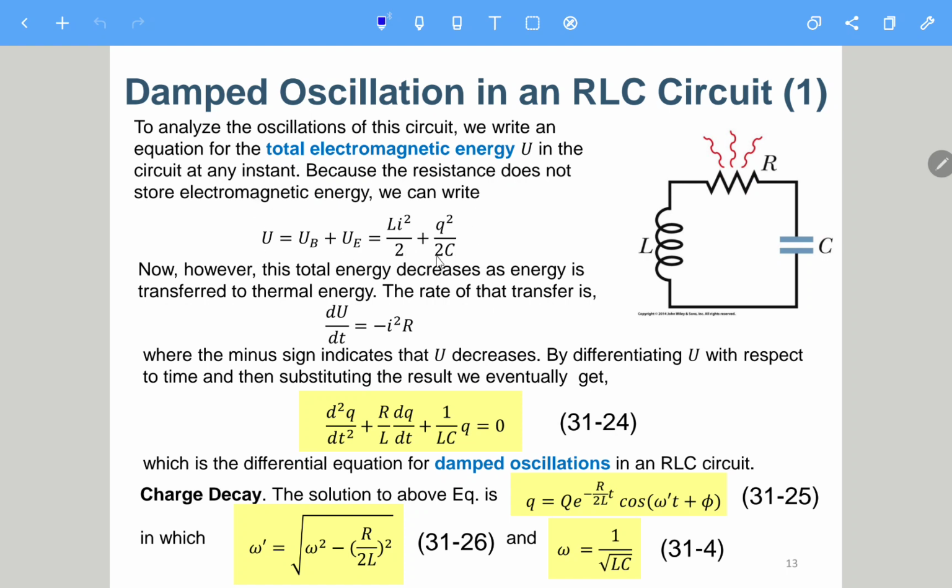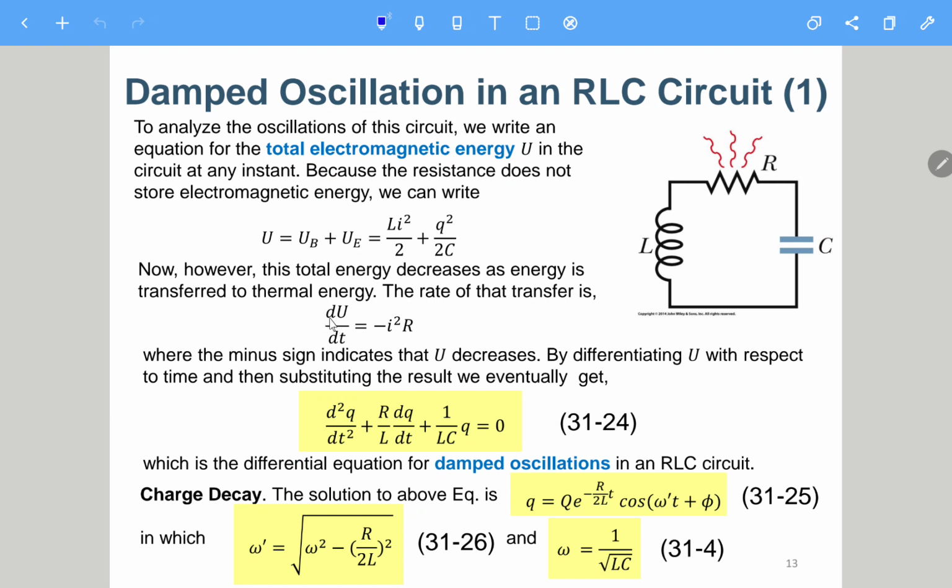It is just what we got for the LC oscillator, because the resistor doesn't really store energy. The total energy is the energy stored in the B field and E field, which is stored in the inductor and the capacitor. This one doesn't store energy, but it consumes energy.